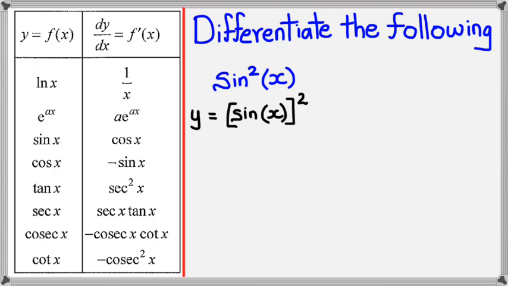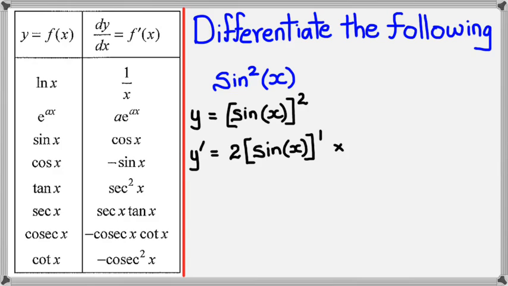Alright guys, in this situation we've got to treat this as a chain rule. So we have y dash, which means the 2 comes in front of the sine x. And we subtract 1 from the power of 2, which means there's going to be 1.